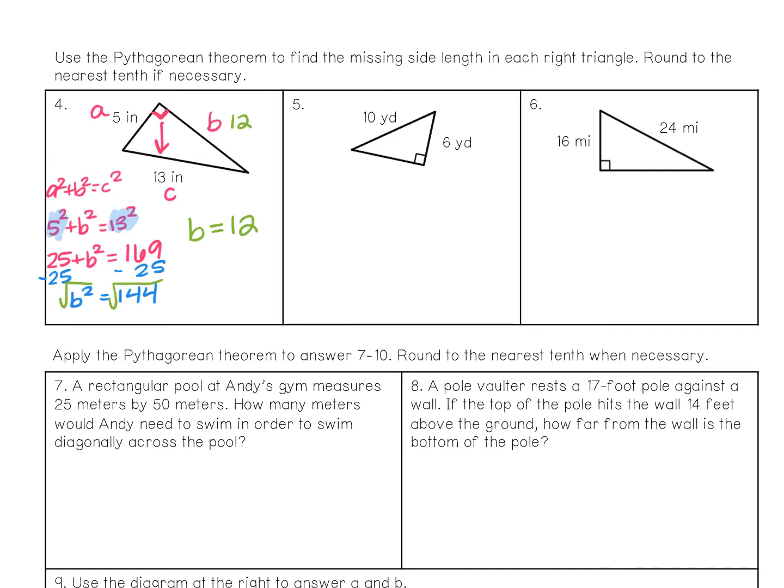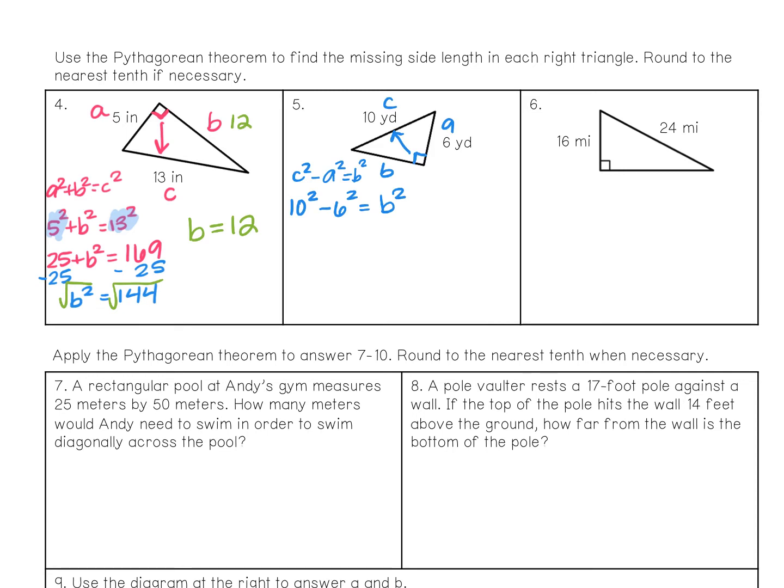Looking at problem number 5, the sides that come together to form the right angle are the legs. The side across is the hypotenuse. So I've been given a leg and a hypotenuse. So I know that when I'm finding a leg, I'm going to subtract. So C squared minus A squared equals B squared. So 10 squared minus 6 squared equals B squared.